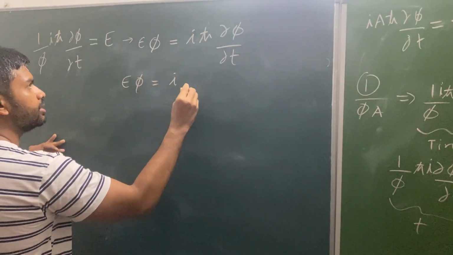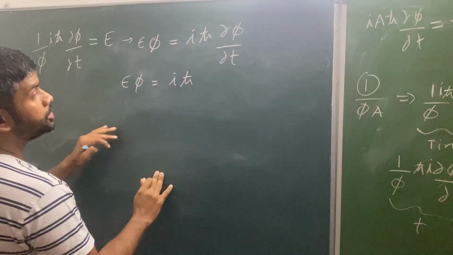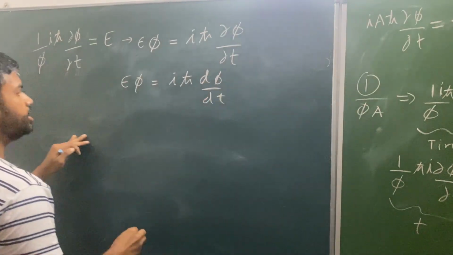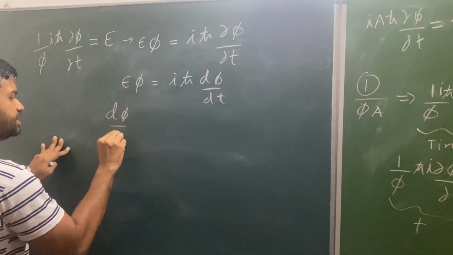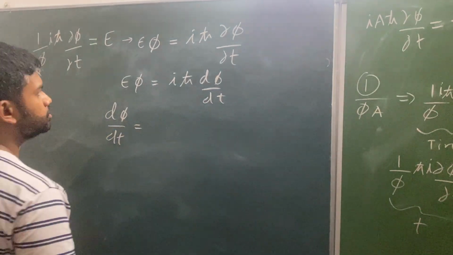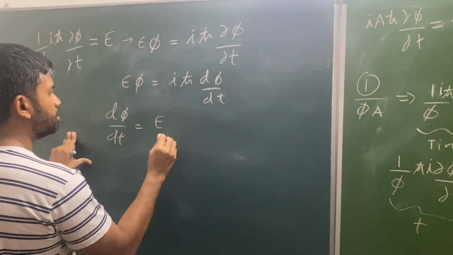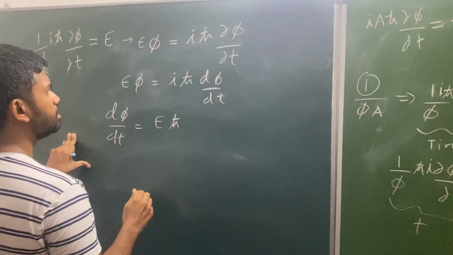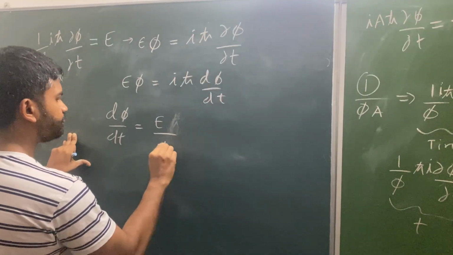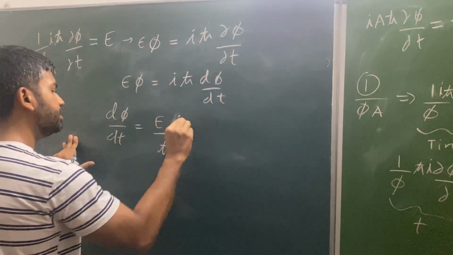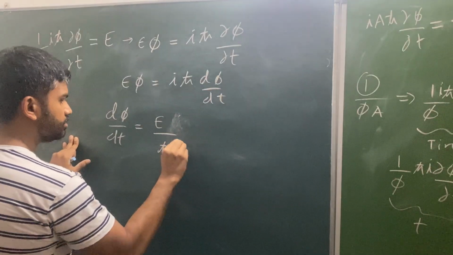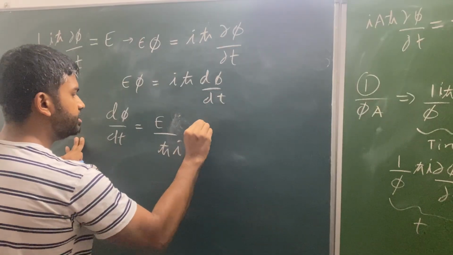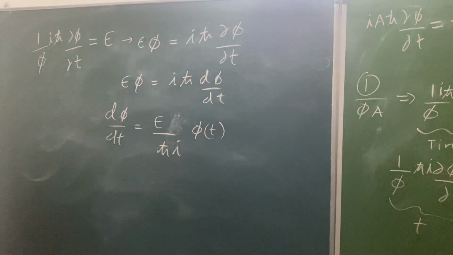I can just write i h bar d phi over dt, and now d phi over dt is equal to E phi over h bar, and here i, and this is a function that depends on time, phi of t.